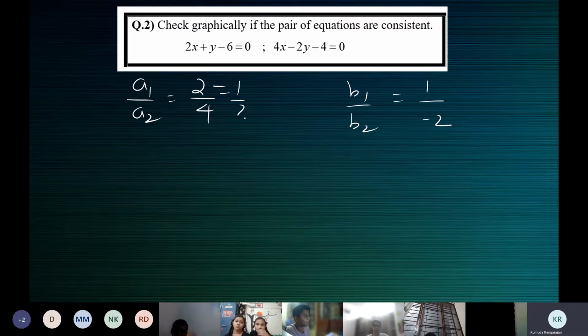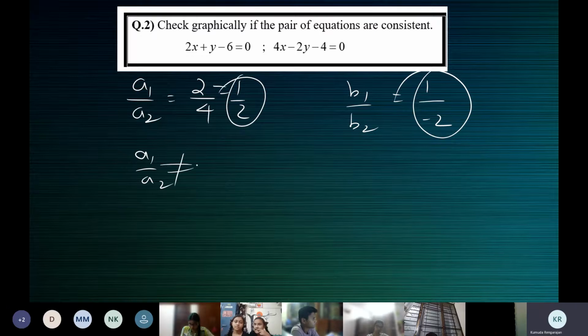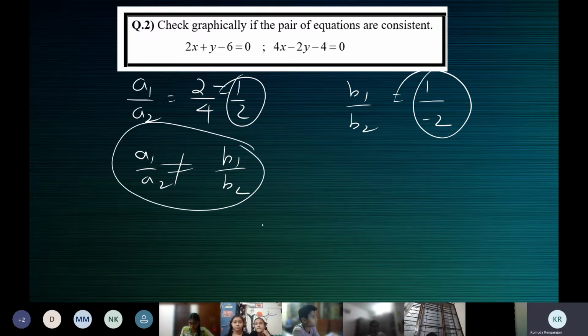So this one is 1 by 2. Clearly A1 by A2 is not equal to B1 by B2. Therefore, the equations have a unique solution, which means they are consistent. This is how we algebraically show they are consistent.